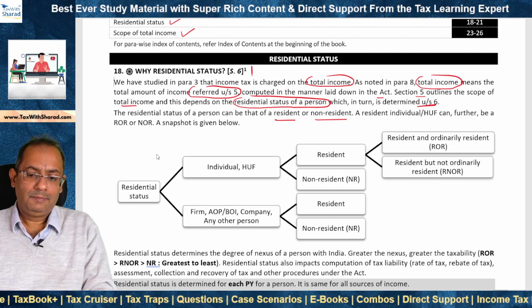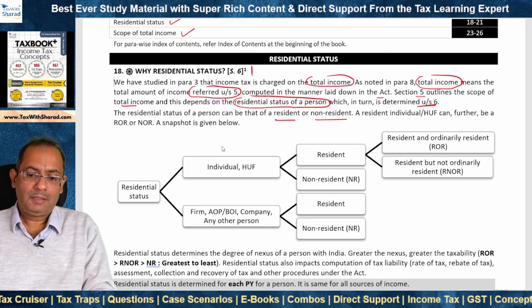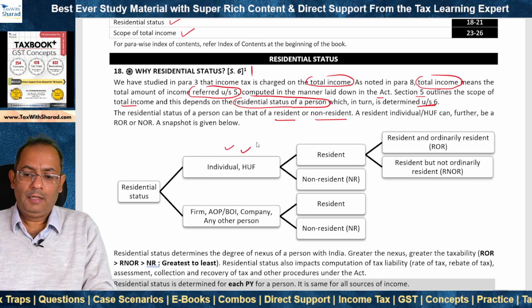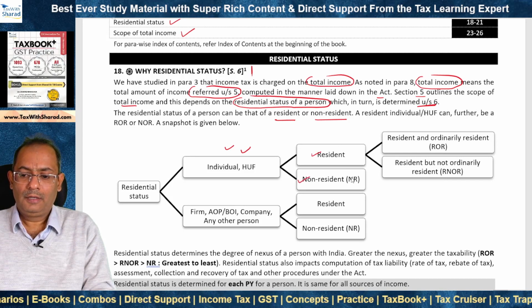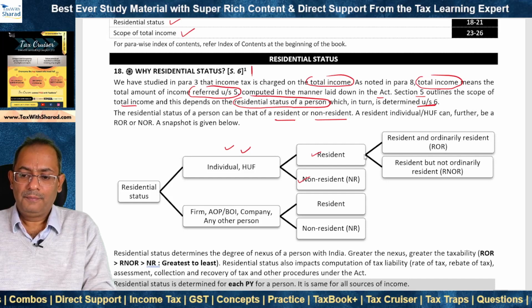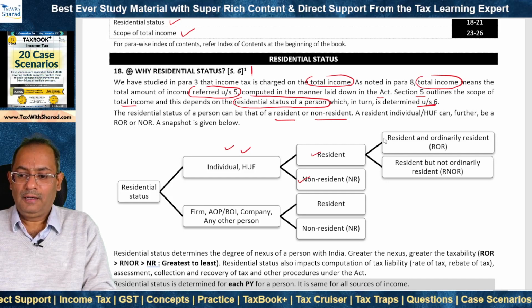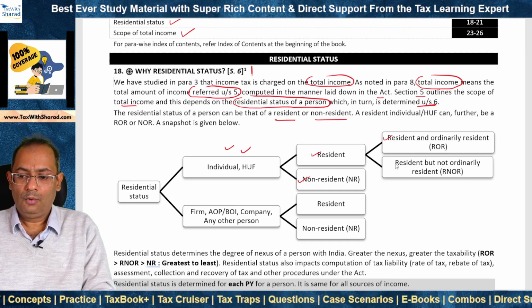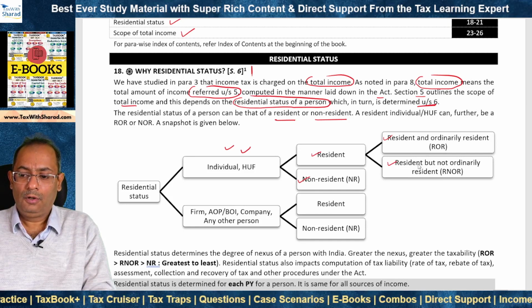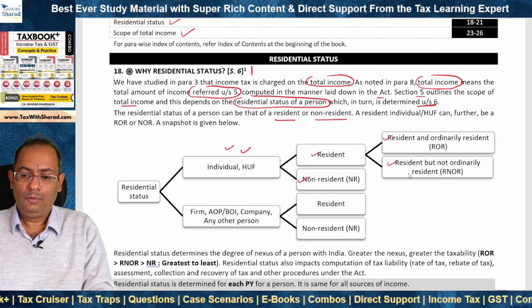If you look at this chart, the residential status for an individual or HUF can be that of a resident or a non-resident. Further, a resident can be classified as a resident and ordinarily resident, ROR, or a resident but not ordinarily resident, RNOR.